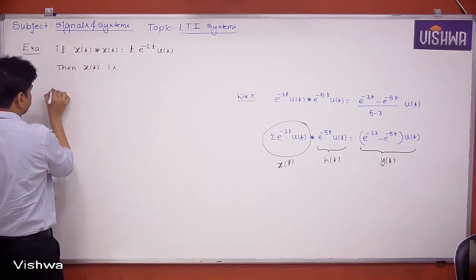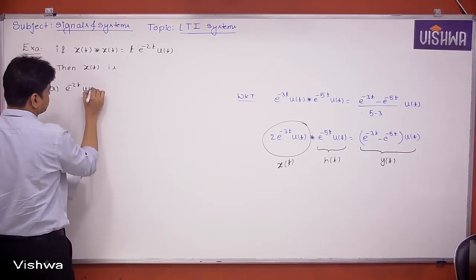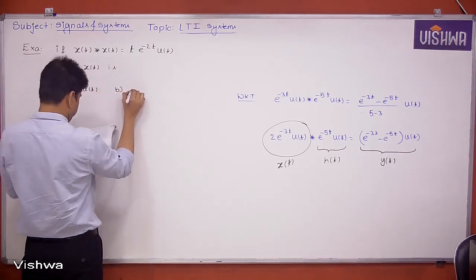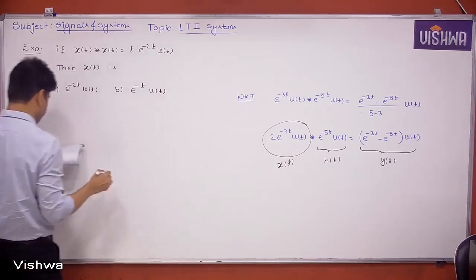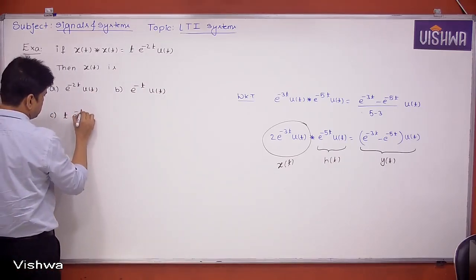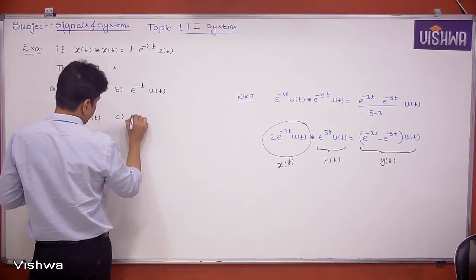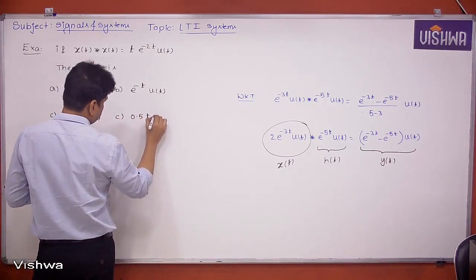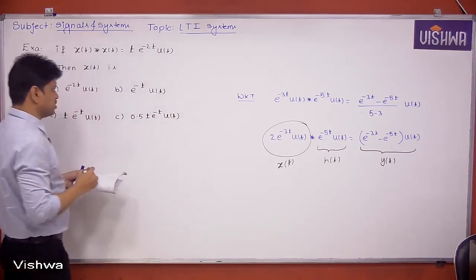Options: A e power minus 2t u of t, option B e power minus t u of t, option C t e power minus t u of t, option D 0.5 t e power minus t u of t. Which is the correct answer?